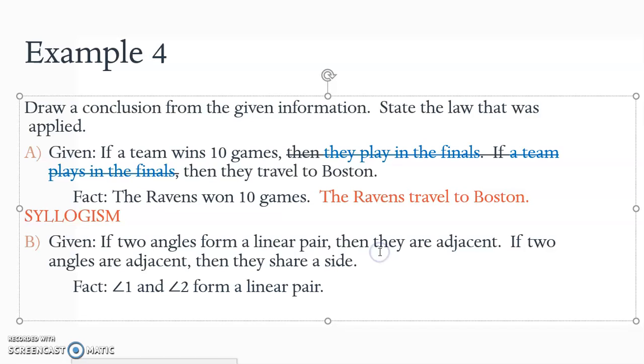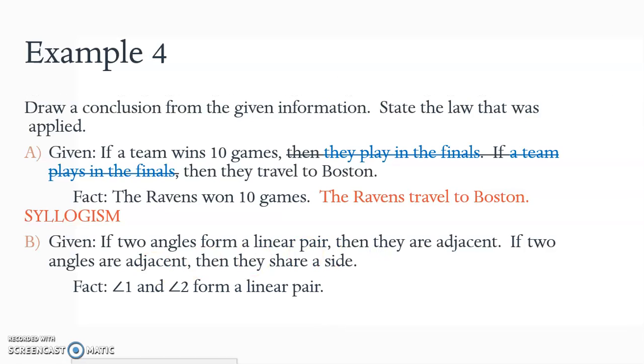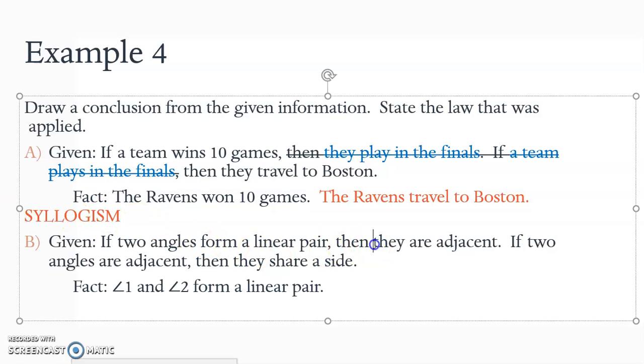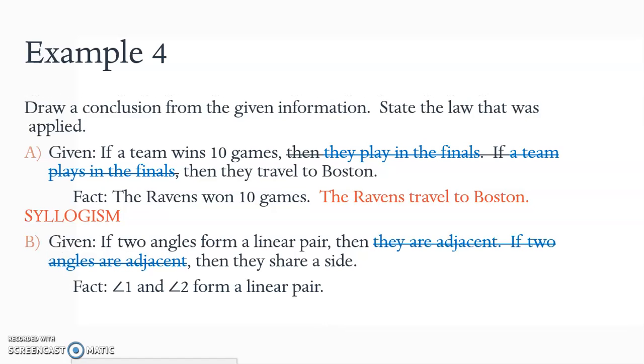Okay. Now in part B, it says, given if two angles form a linear pair, then they are adjacent. If two angles are adjacent, then they share a side. Okay, again, notice we have adjacent angles and adjacent angles right here. Okay, so those are repeated. So I'm allowed to cross out the repeated parts and draw a conclusion.